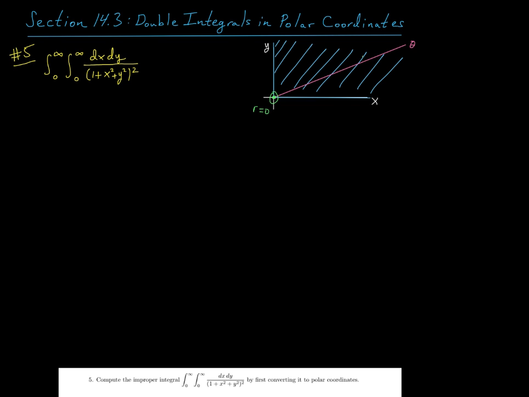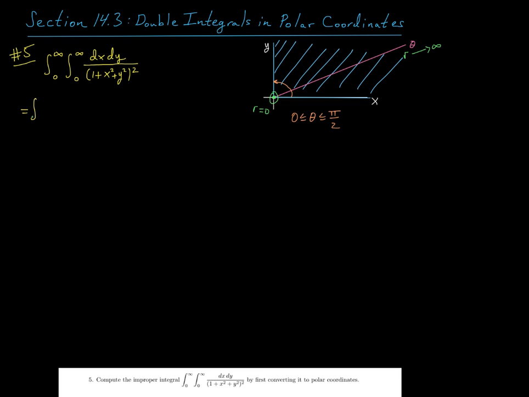And then since this is an infinite region, r here is just going to approach infinity. Okay, and then we're going to let rays like this sweep from 0 up to pi over 2, right? So for the theta bounds there, theta is going to go from 0 to pi over 2. Okay, so that's first thing.